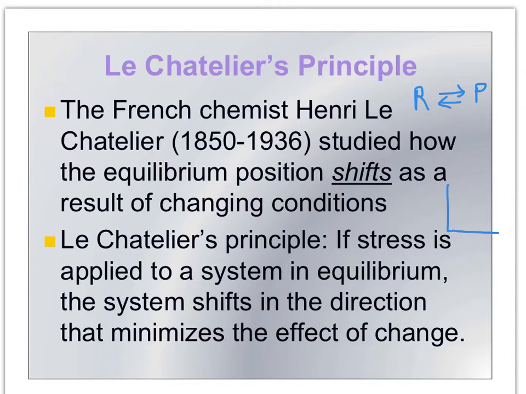If you remember, in the last video, we looked at concentration versus time. Reactants start out pretty high, and then they decrease over time, and then they remain steady. Products start out at 0, obviously, because you don't have any products to start with, and then they increase as the reaction produces products, and then they remain steady.